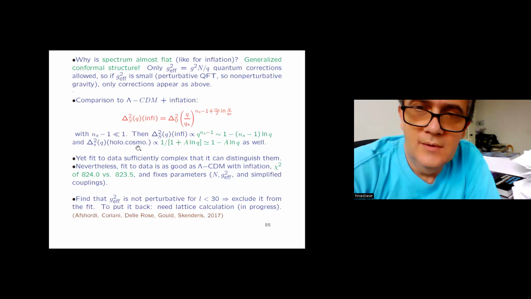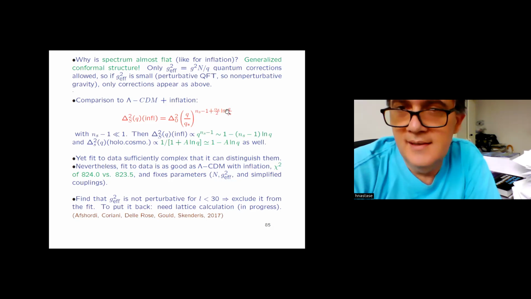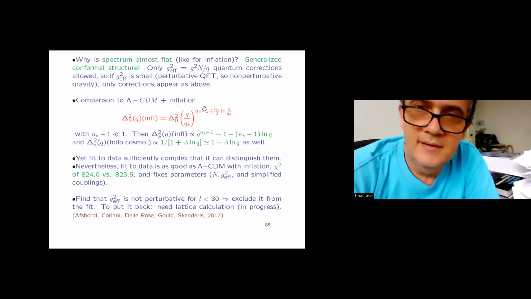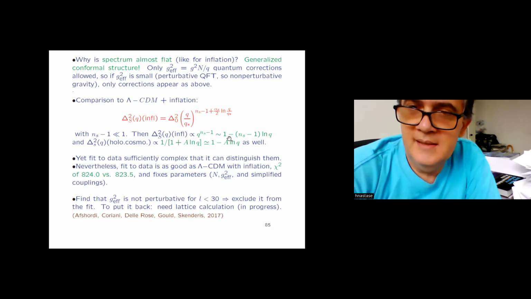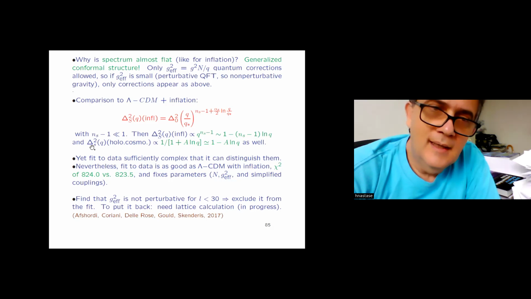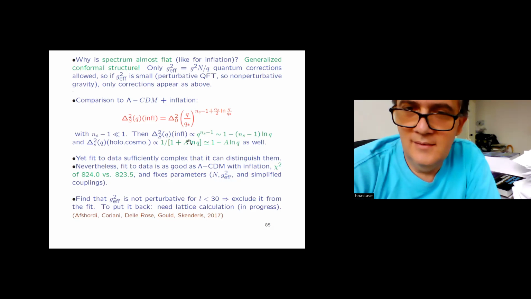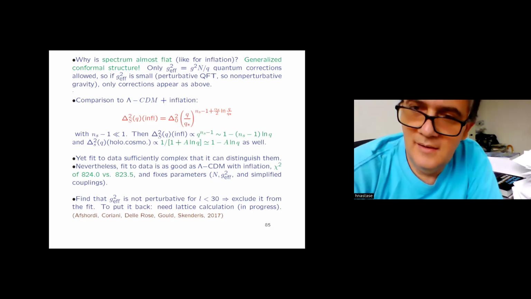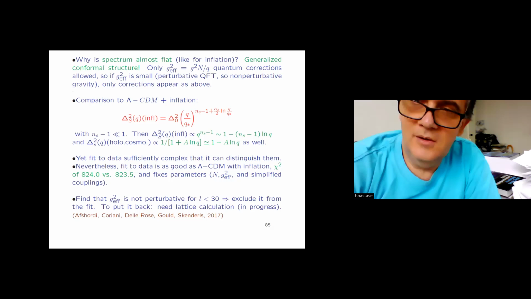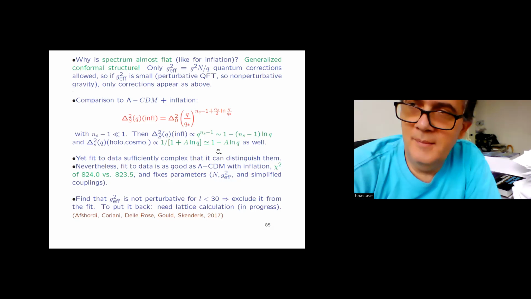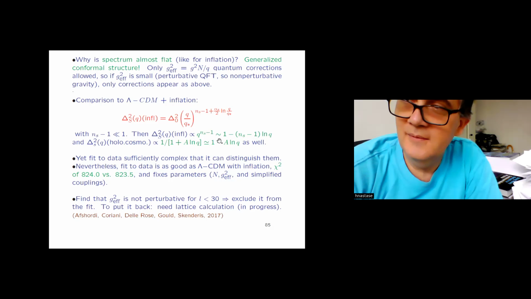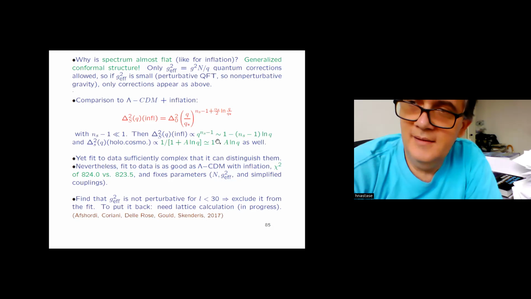So if this parameter is small and this is even smaller, it doesn't matter, I can just consider this first term. Then I expand Q to the ns minus 1 as approximately 1 minus ns minus 1 log Q. But then delta s squared for holographic cosmology is something of the type 1 over 1 plus something times log Q, which is also expanded, when this something is small, as 1 minus something log Q. So these two parametrical forms are approximately equal for the parameters that we're having.